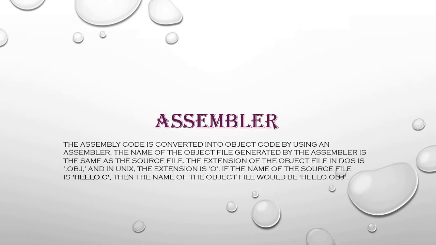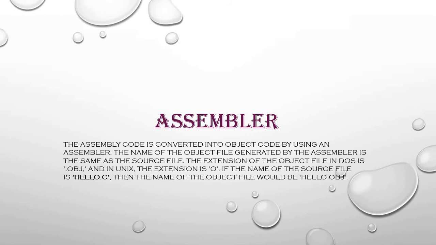Next one is the assembler. The assembly code is converted into object code by using an assembler. The name of the object file generated by the assembler is the same as the source file. The extension of the object file in DOS is .obj, and in Unix the extension is .o.